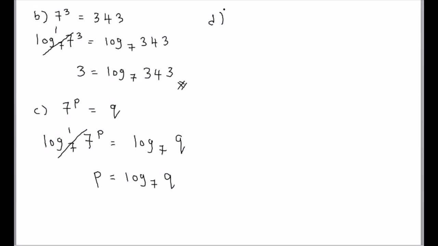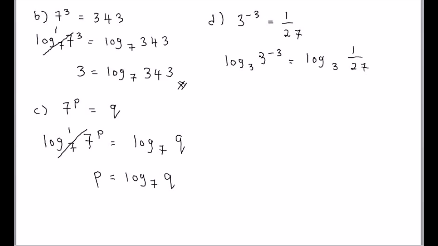For question B, we have 3 to the power negative 3 equals 1 over 27. So for this one, log to the base 3 for 3 to the power negative 3 equals log to the base 3 of 1 over 27.